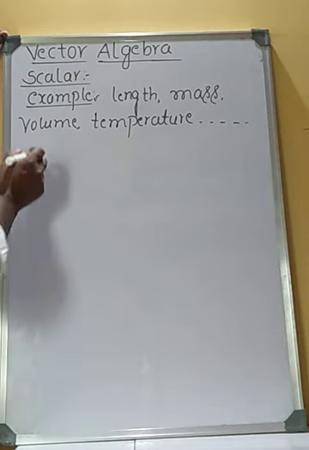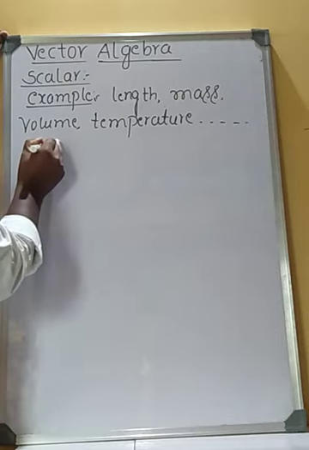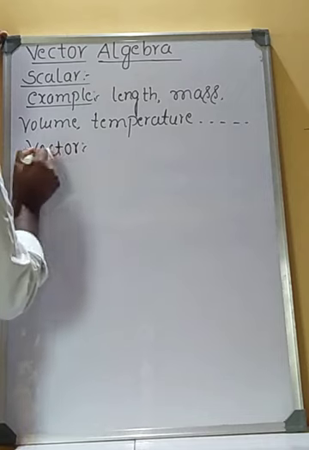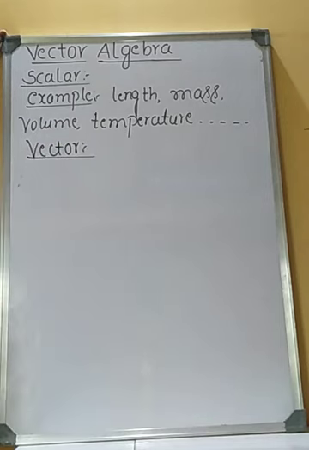The next concept is vector. What is the definition of vector? A vector is also a quantity which has both magnitude and direction. That is called a vector.